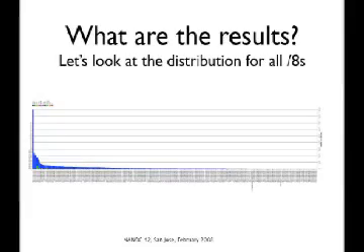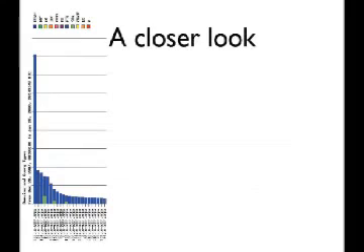But this is what the big picture looks like when you look at the distribution for all /8s. The most exciting part of this is the stuff on the left-hand side. So if we take a closer look at it, we can start to look at what's up there at the top, and whether there is anything that's problematic.